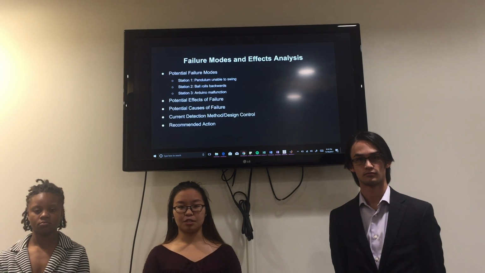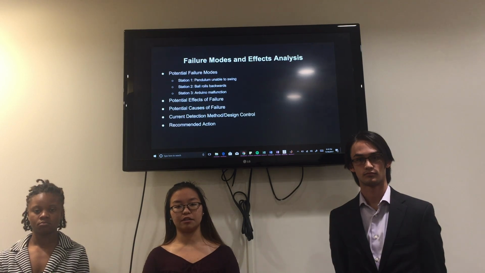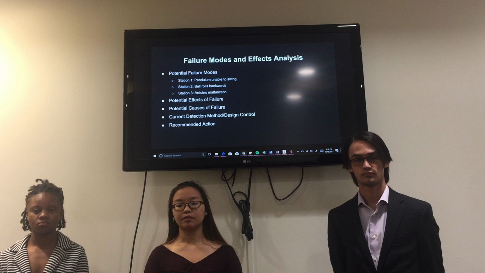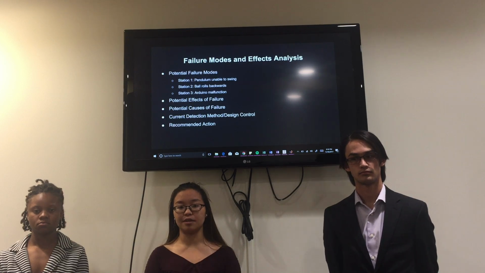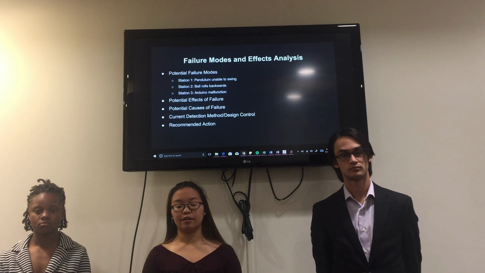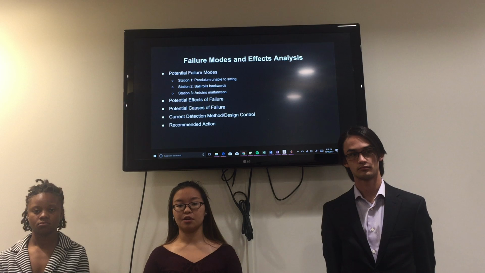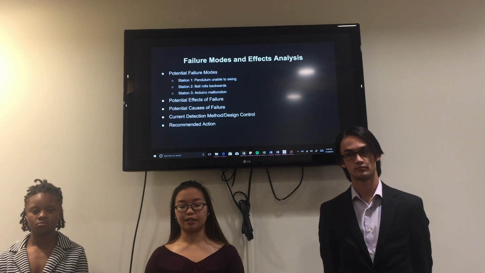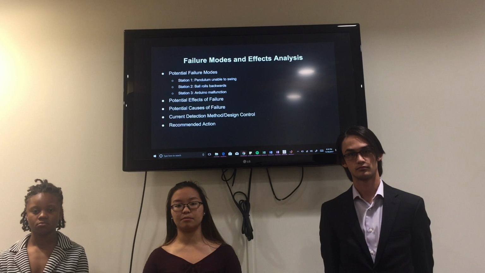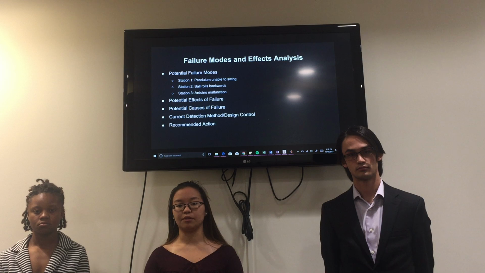If the pendulum does not swing, it won't cause the ball to accelerate and progress onto the other stations. In order to prevent this, we advise that before starting the station, the user should give a small tap to the pendulum to make sure that it's able to swing loosely. If this doesn't occur, the screw needs to be loosened in order for the pendulum to swing freely.